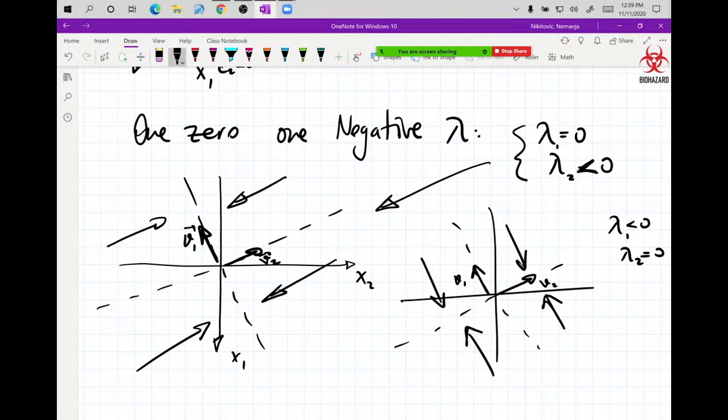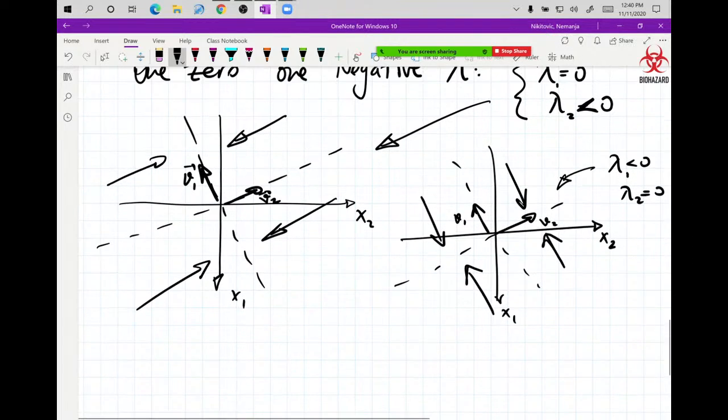Because they are approaching, lambda 2 equals 0 is the one that doesn't give any curvature to it. It's just going straight for that value. And again, nothing else changes here. I just swapped my lambda 2 to be 0, and that flipped the picture 90 degrees. So there you have it. That's one 0, one negative.